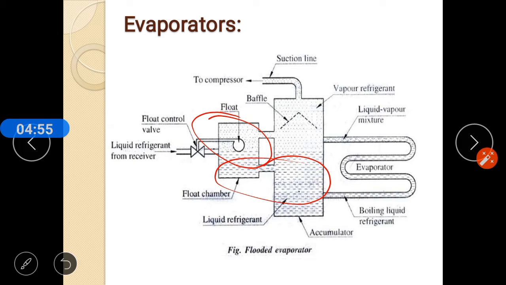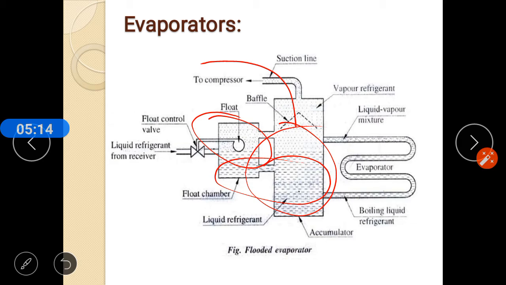An accumulator is generally used with a flooded evaporator to prevent liquid being carried to the compressor. The accumulator also serves as a chamber for the liquid level float valve.